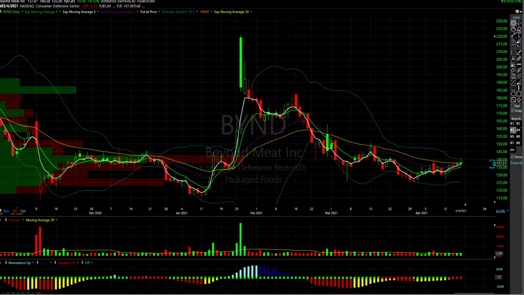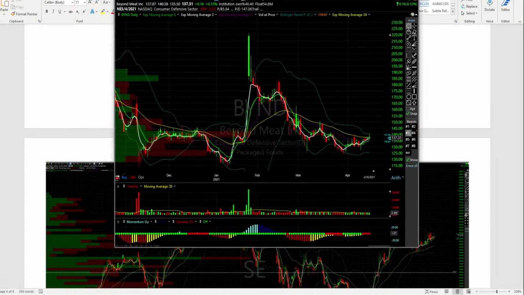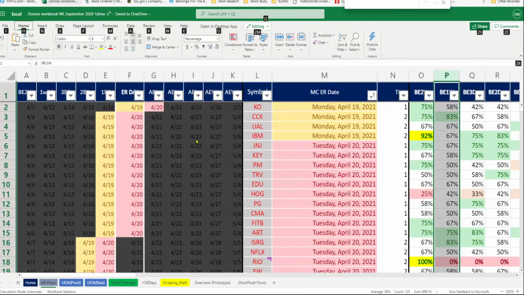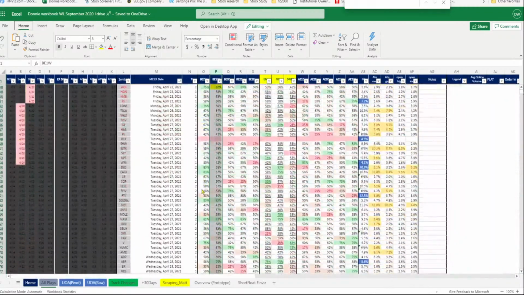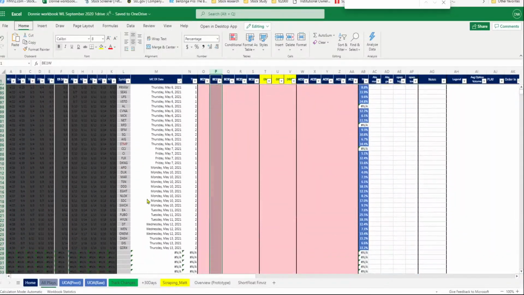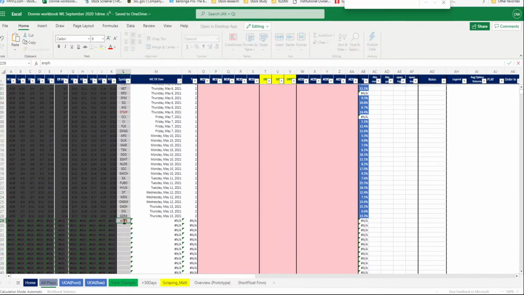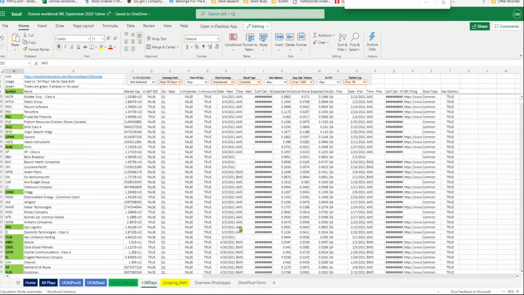ENPH isn't in the Excel sheet. I wonder why. I'll add that. Let me see if it just didn't get picked up in the scan. Yeah. So a lot of times, guys, I think Peter just changed this for me.